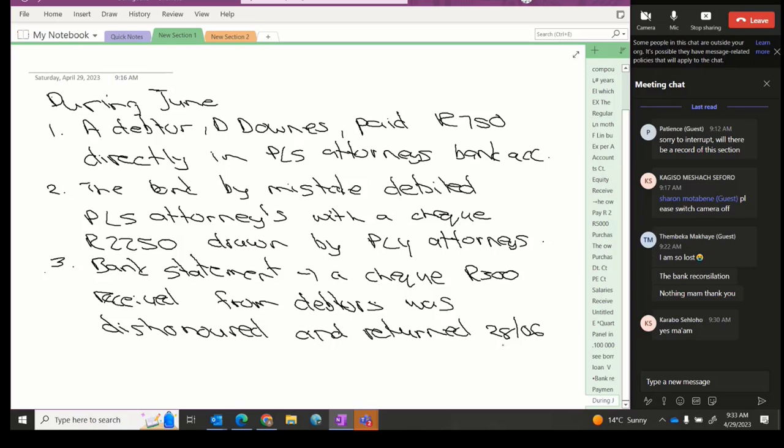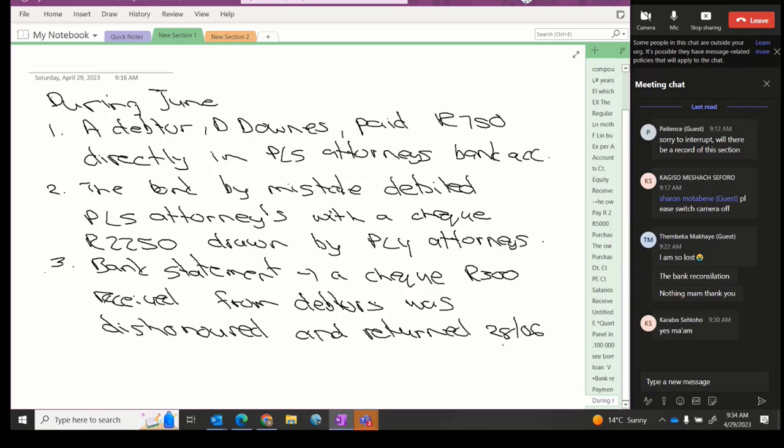Okay, so this is what this statement is saying. A bank statement, let's say it's a check. You received a check from debtors for 300 Rand. So this is already in your bank account. But now the bank says, this money must be taken out of your bank account. What are you going to do now? So it was already in the bank account. It was already in your books.